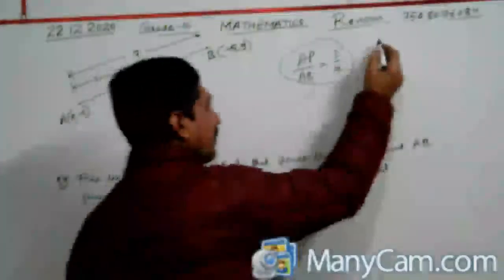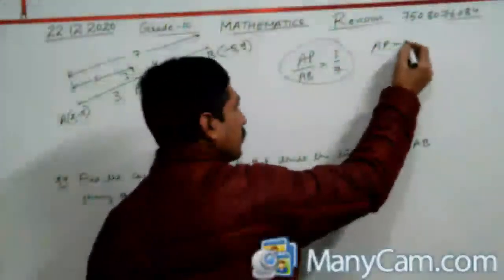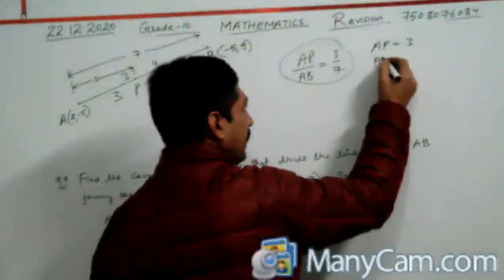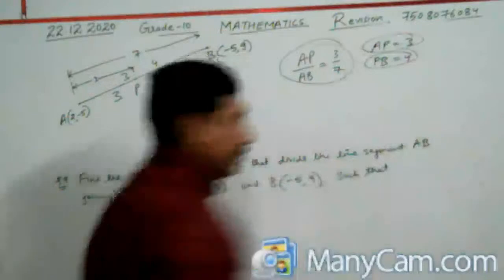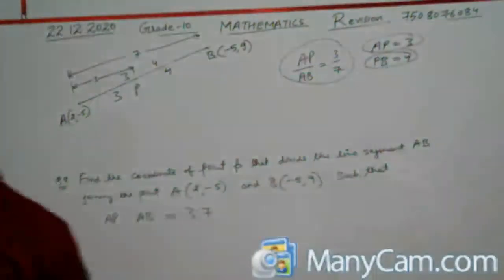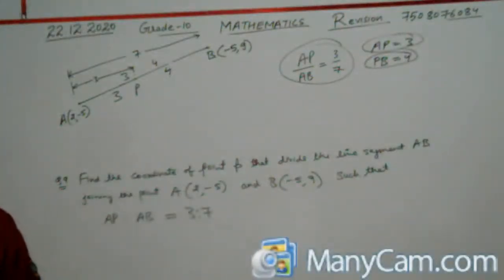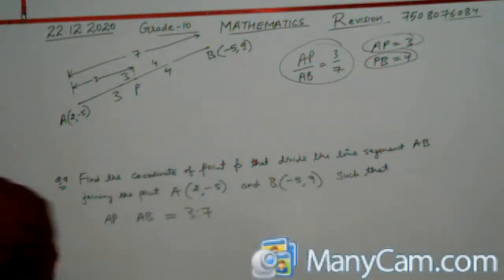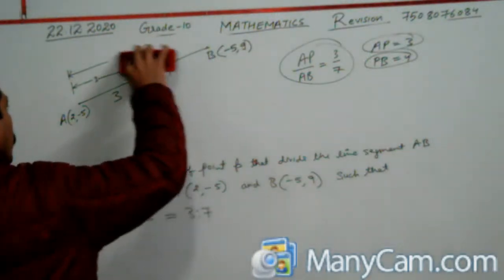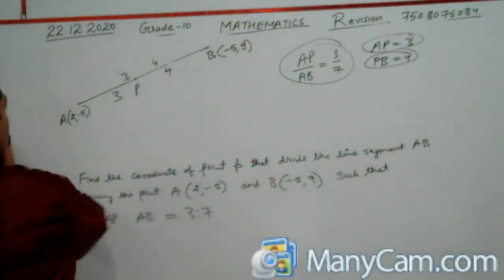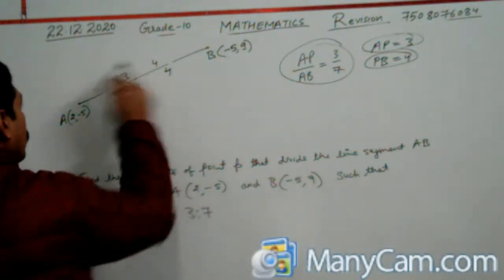What is AP? AP is equal to 3 and PB is 4. So we can apply the section formula with ratio 3 to 4.